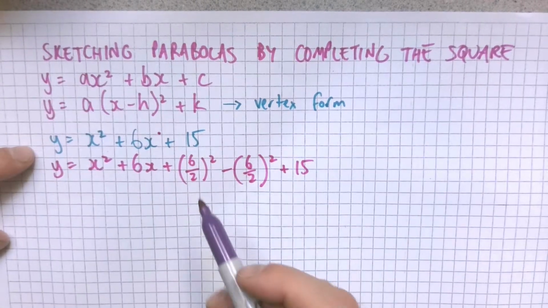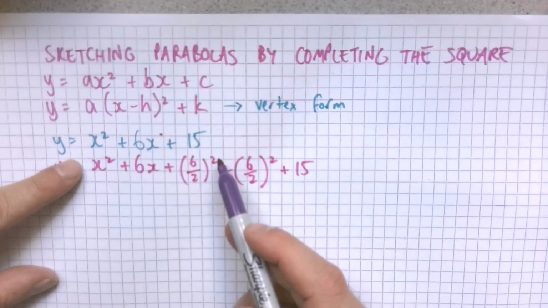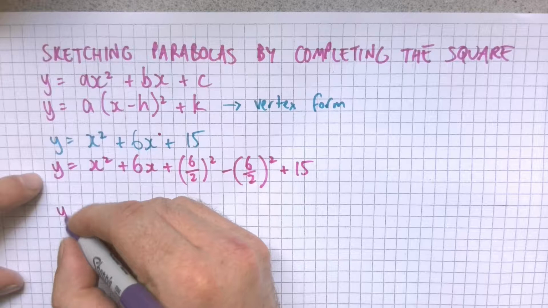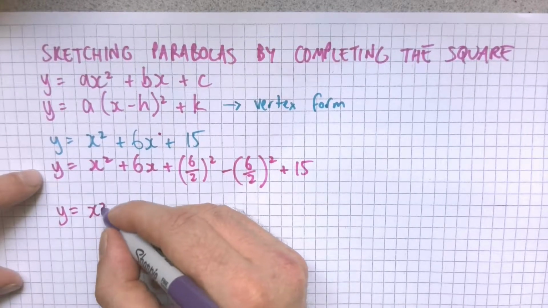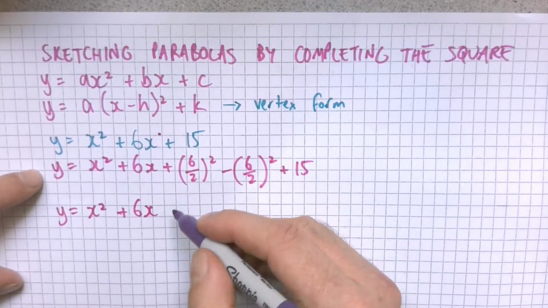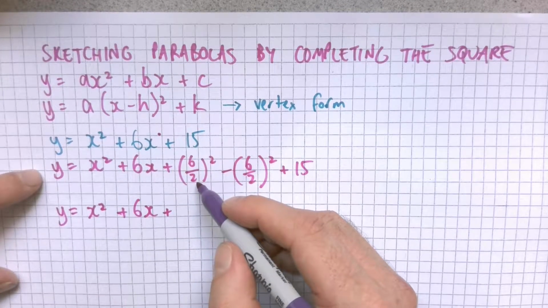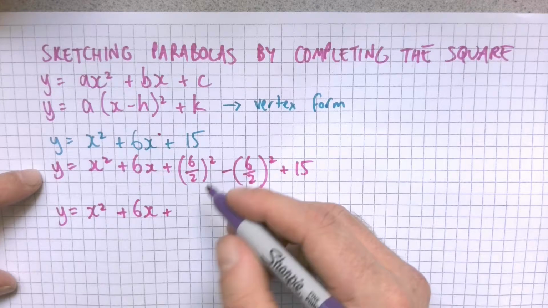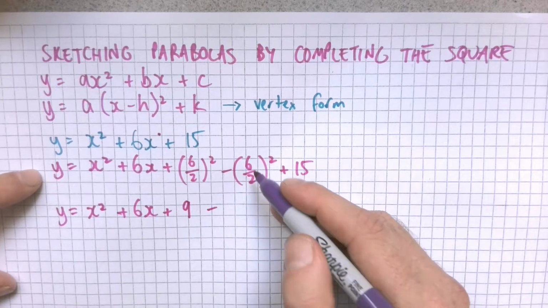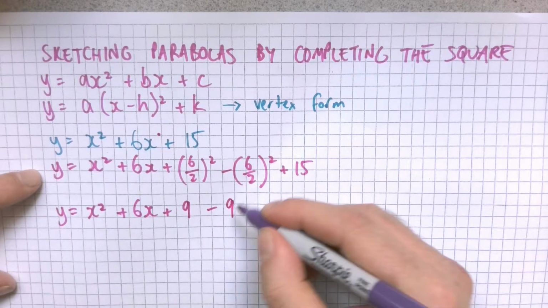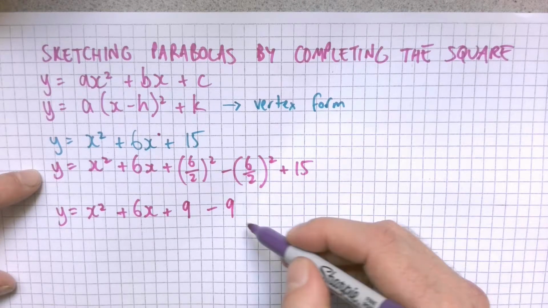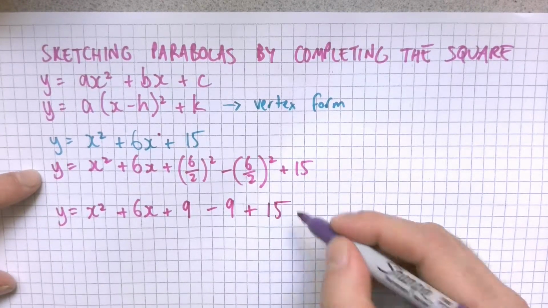The reason we're doing that is to get a perfect square in the front part of the equation. So this simplifies to x squared plus 6x plus 6 over 2, which is 3, and 3 squared is 9, so plus 9. We're also going to take the same 6 over 2 squared, or 3 squared, or 9, and subtract it from the constant term 15.